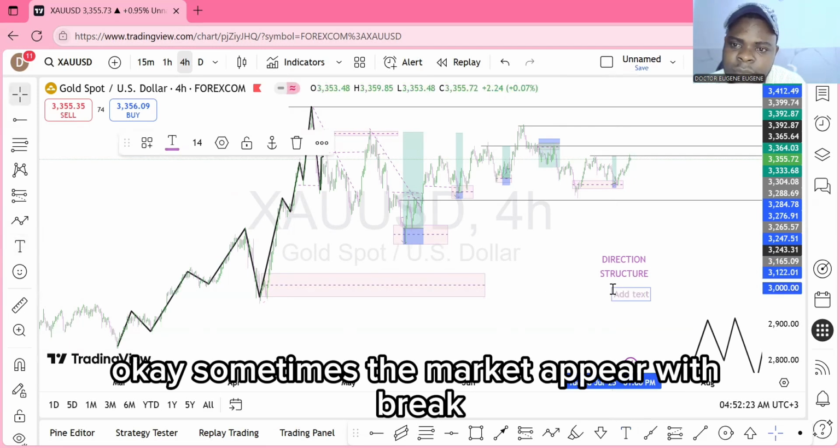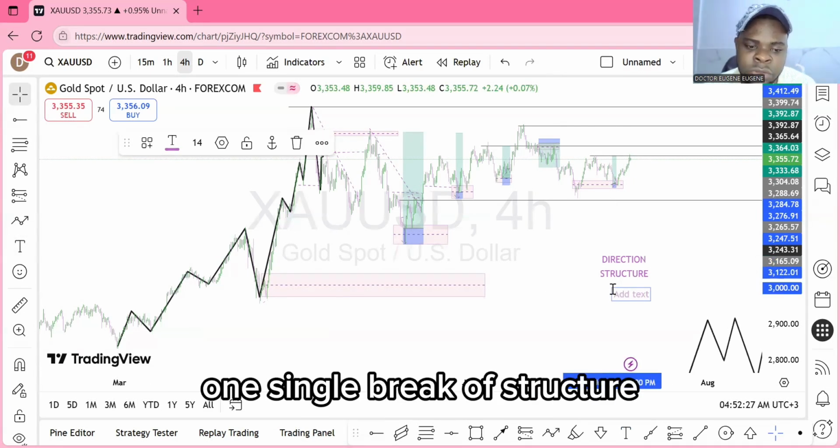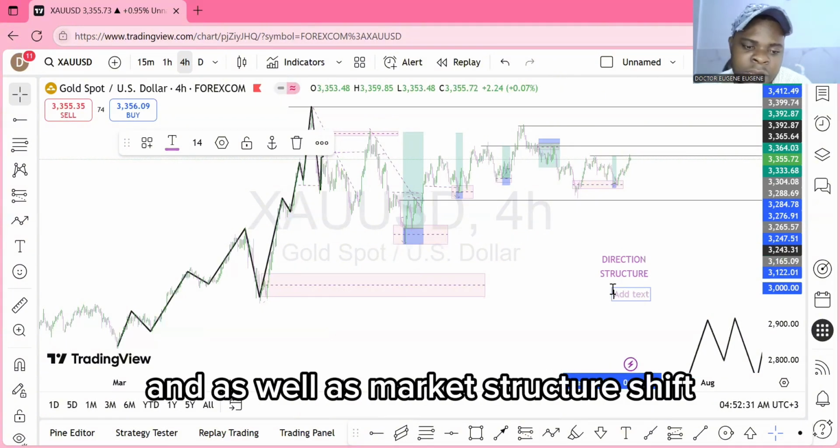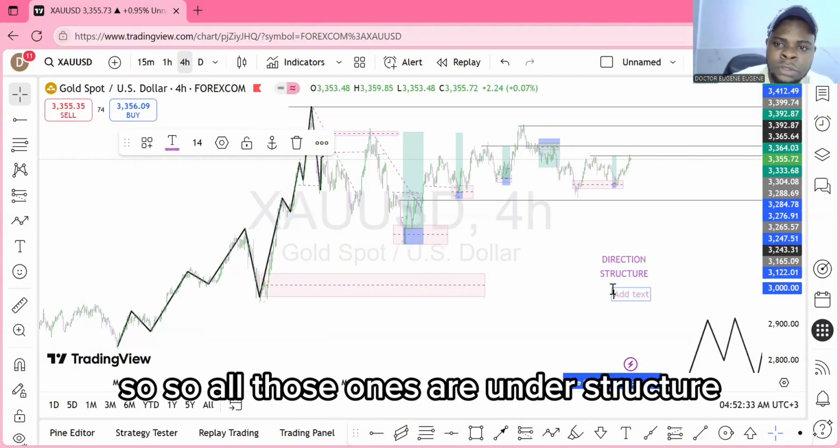Okay, sometimes the market appears with one single break of structure, sometimes a double break of structure, and as well as market structure shift. So all those ones are under structure.